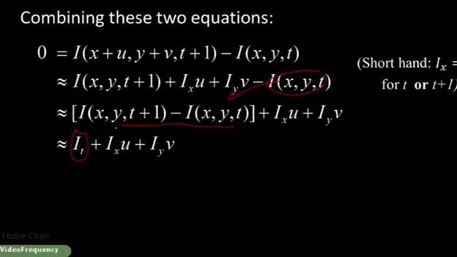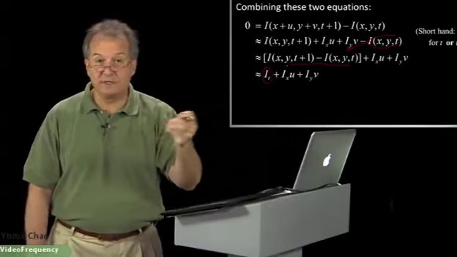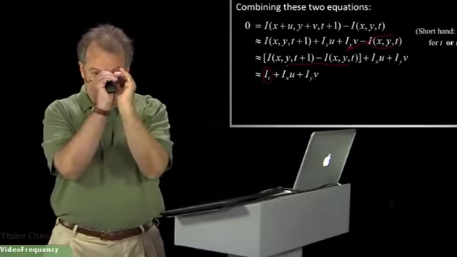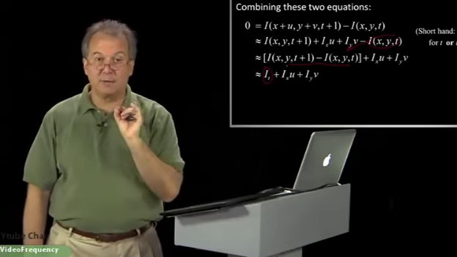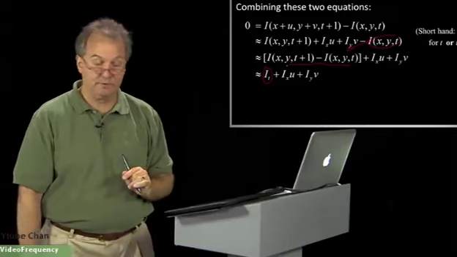If I sub x is the derivative of I in the x direction, and I sub y is the derivative of I in the y direction, I sub t is the derivative of I in the time direction. It's what's called the temporal derivative. And remember, our imagery is now a function of x, y, and t. So I can take a derivative in x, in y, or in t. Another way to think about it is, if I just look at some point x, y, and I see how much the image changes from t to t plus 1, that's my temporal derivative.